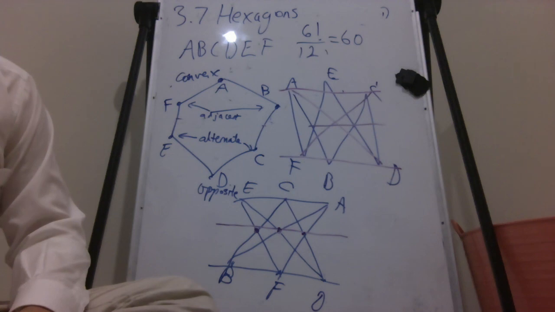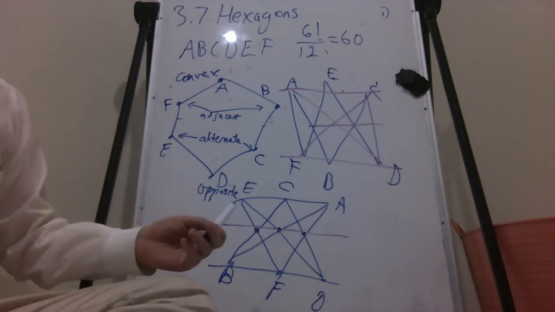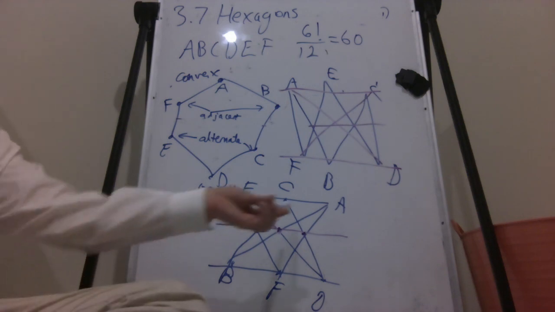Okay. So can you see that that's Pappus rephrased into terms of hexagons? Because now you can think of this as a hexagon.